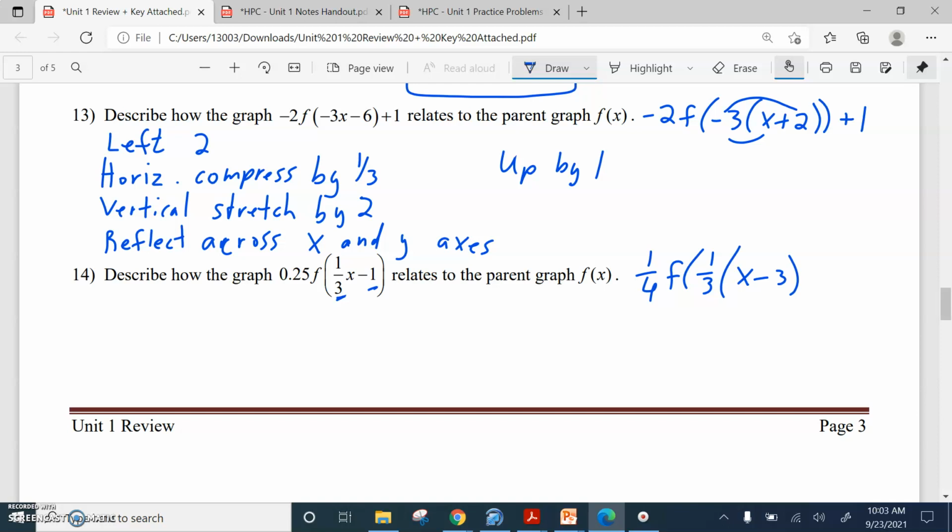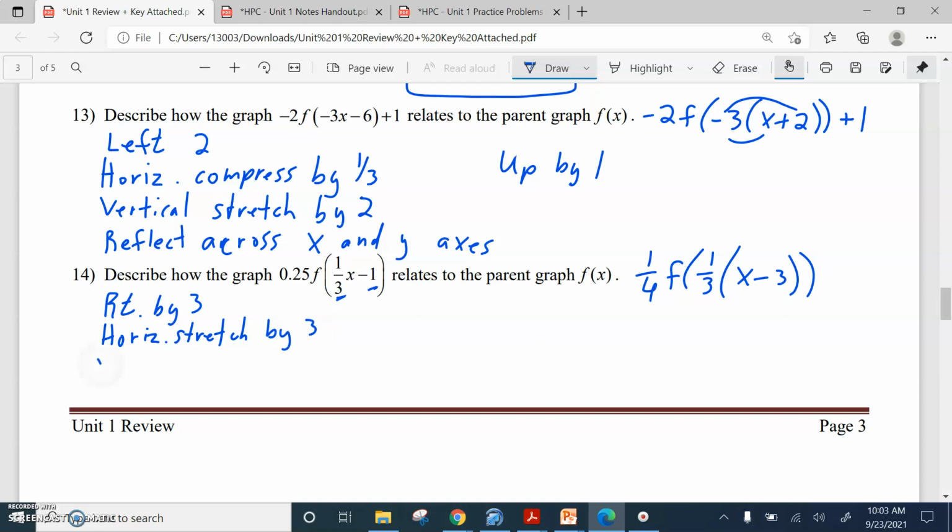All right, so we've got the general form, missing a parenthesis. Inside most is to the right by 3. After that, multiplications, we have a horizontal stretch. The stretch, because it's a fraction, and we say it's a stretch by the reciprocal, so 3.